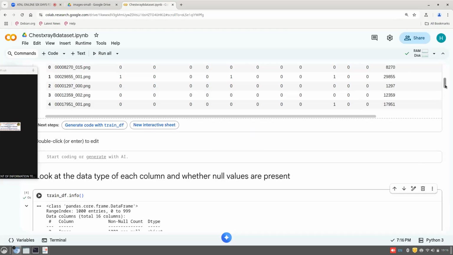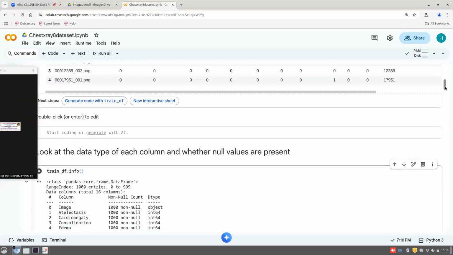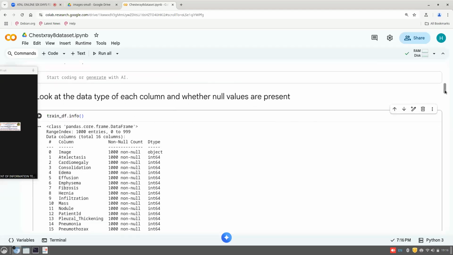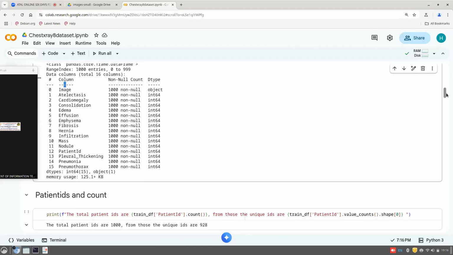I am using the library pandas, the pd.read_csv function, to load this CSV file and save it in train_df. And train_df.info will give me information regarding each disease: what are the columns of this CSV file, and how many entries are there for each column. So there are 1,000 rows for each column.